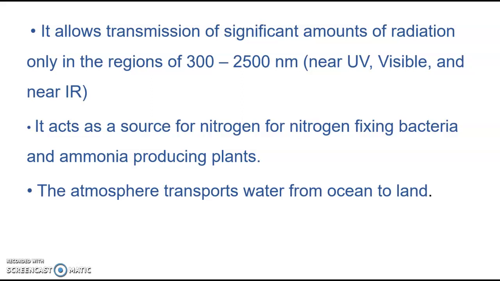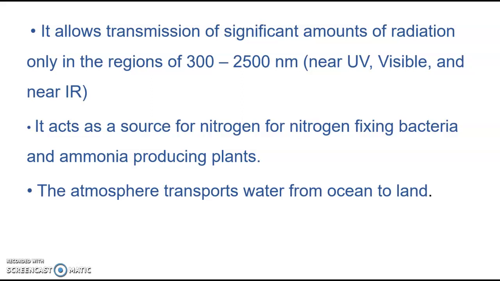So it is a source of oxygen as well as carbon dioxide. Also nitrogen, which helps nitrogen fixing bacteria and ammonia producing plants. And we know that air contains all these gases: oxygen, carbon dioxide, nitrogen, etc.